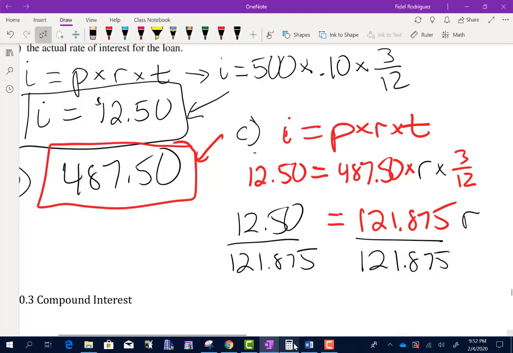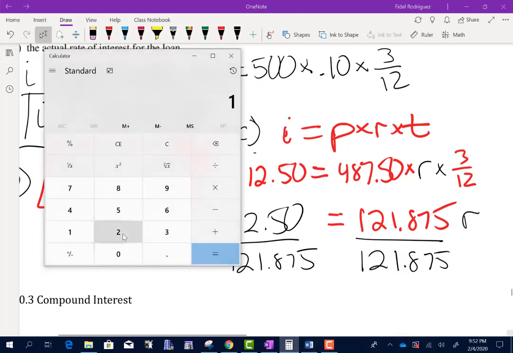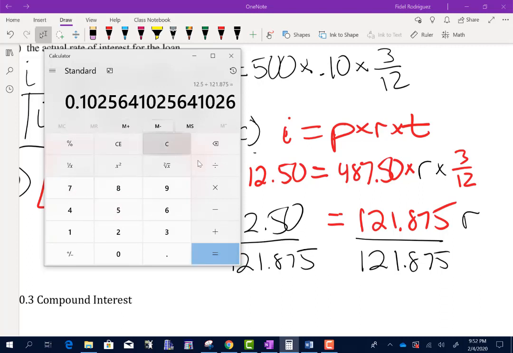Let's grab our calculator. 1250 divided by 121.875, and if I multiply that by 100, I'm going to round this one to 2 decimal places, just so we get the practice of it. That's the 5; I'm either going to leave it alone or round it.